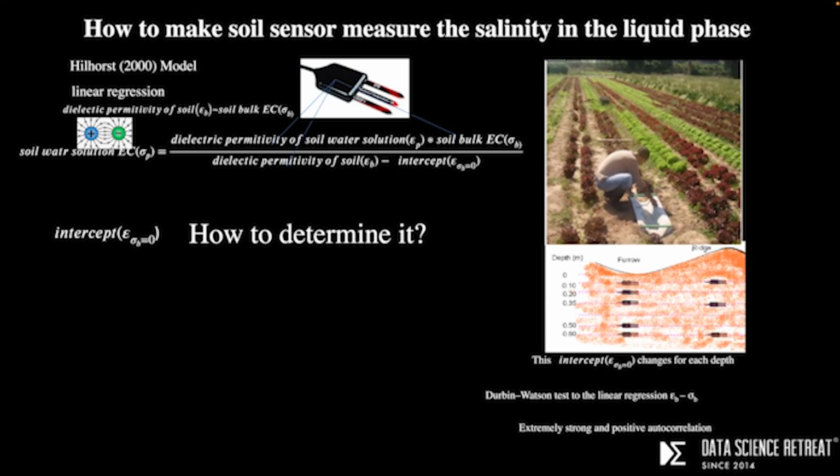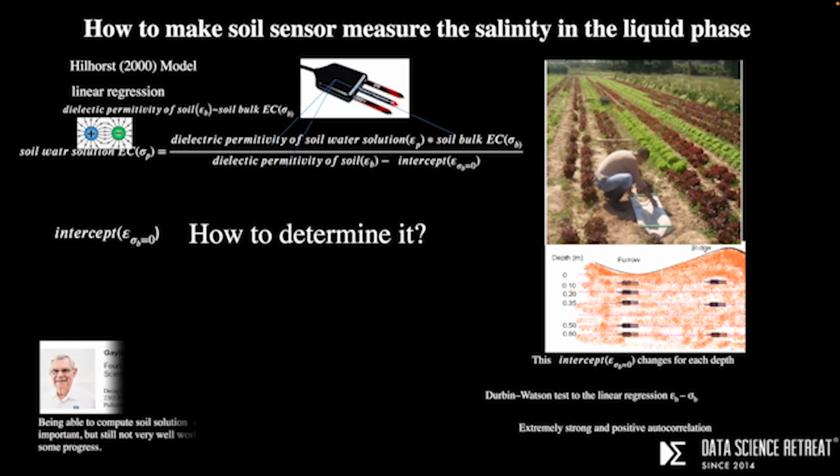I also found that this linear relationship is autocorrelated, because our data is a time series. We install the sensor in the soil, and during the life cycle of the crop we have a time series, and the observations are autocorrelated. So we have to think about the characteristics of our data.